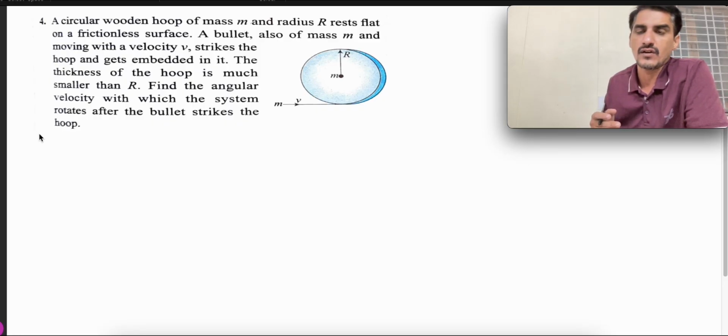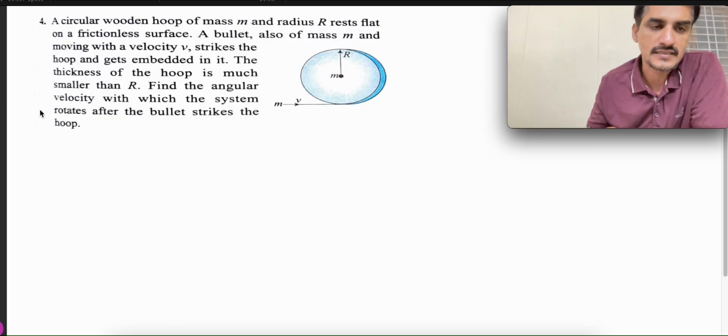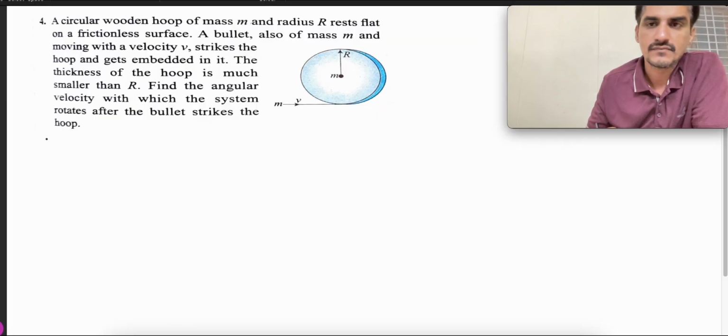First, let us apply the conservation of linear momentum. According to that, we are going to get the velocity of center of mass of that hoop. And the second one is we are going to apply the law of conservation of angular momentum, where we have to consider angular momentum with respect to center of mass only. So let us start discussing that solution now.